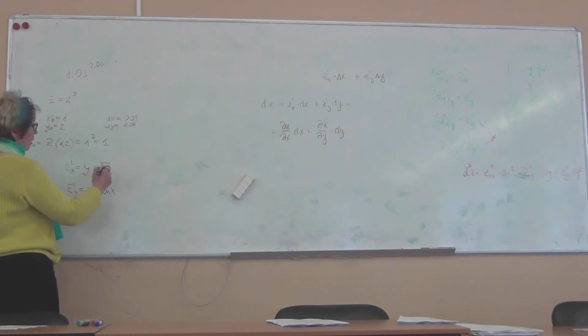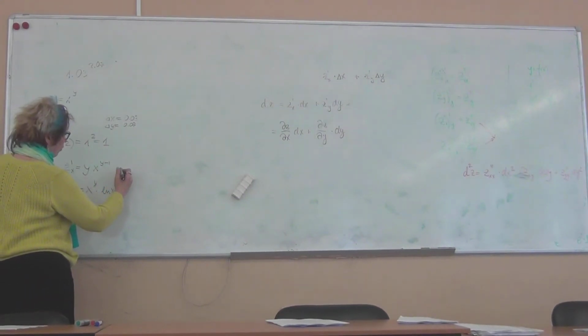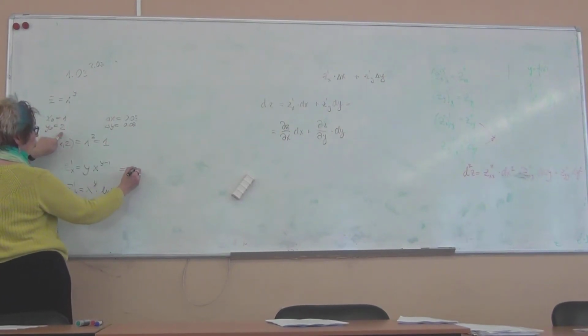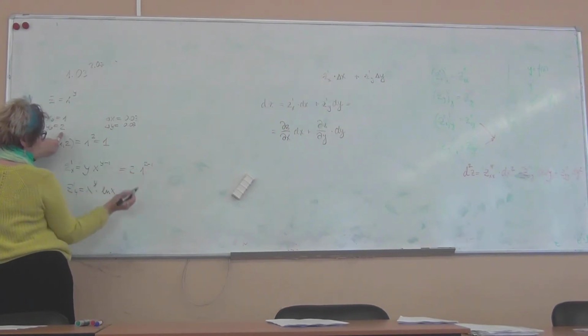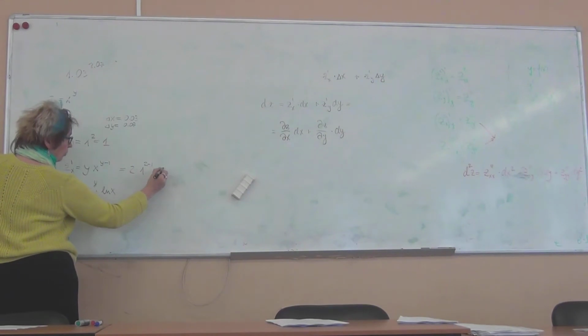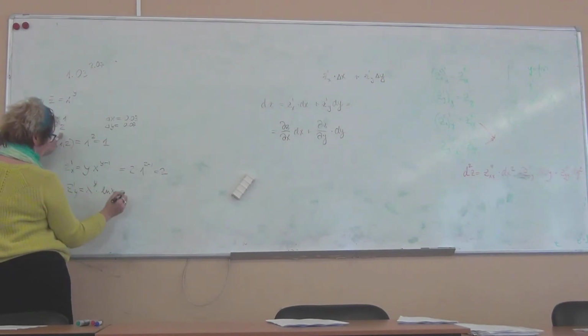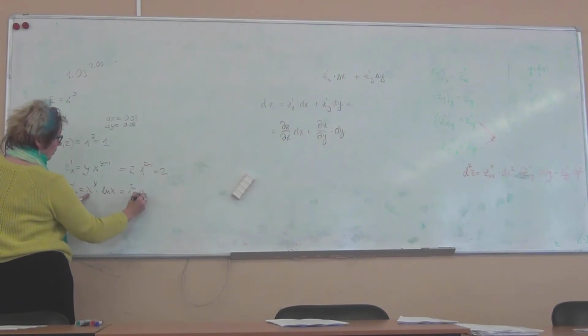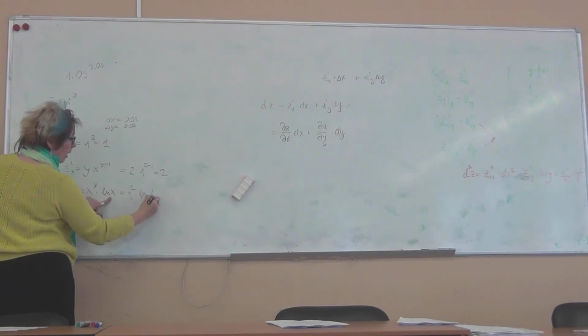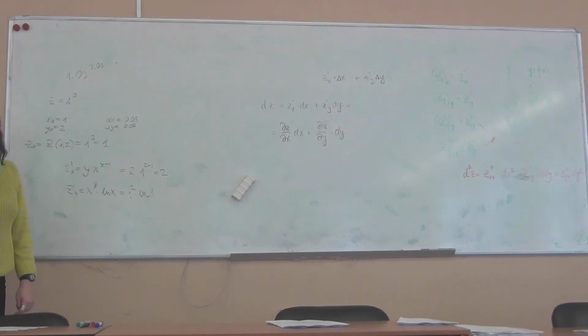So I'm putting the values of 1 and 2 in here, so I write 2 times 1 to the power 2 minus 1, which is 2 times 1, that's 2. And then I take this one, 1 to the power 2 times ln of 1. Natural logarithm of 1. 0.